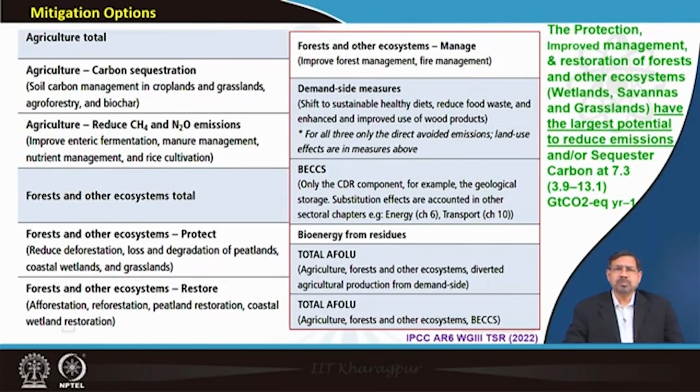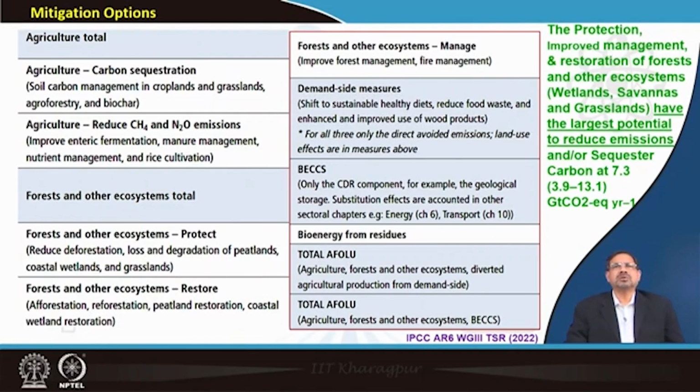So if we improve the fermentation, the management of manure, the management of nutrients and also the cultivation pattern, if we avoid wet cultivation, that means we are reducing methane emission. So if we carefully manage this sector, we can reduce a lot of other greenhouse gases, that means methane and nitrous oxide emissions, whose GWP, the global warming potential, is very high in comparison to carbon dioxide.